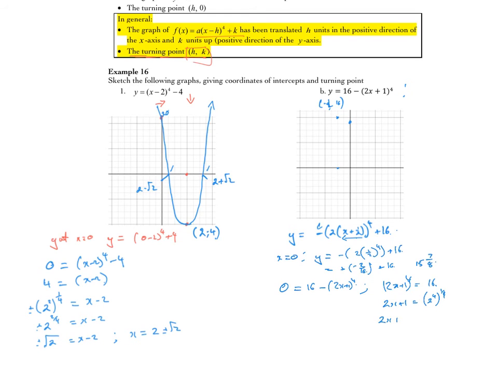So 2x plus 1 is equal to plus or minus 2. 2x is equal to subtract 1, plus or minus 2 minus 1. So I'm going to get 2x is equal to positive 2 minus 1, which is 1, or negative 2 minus 1, which is negative 3. So x is equal to 1/2, or negative 3 on 2.